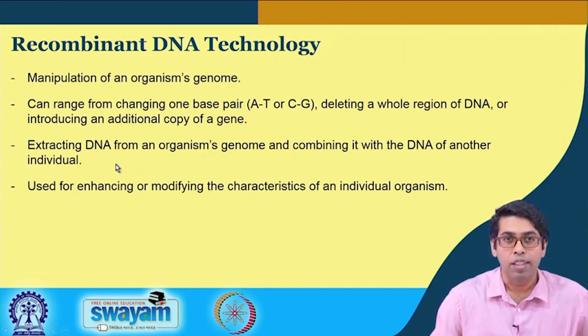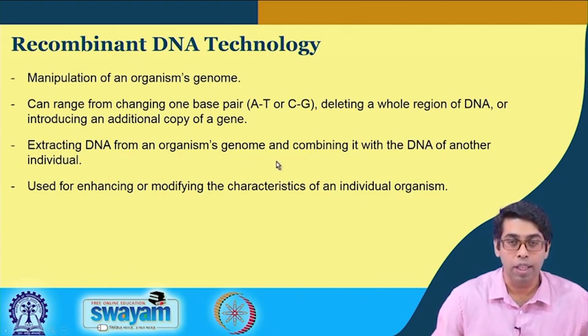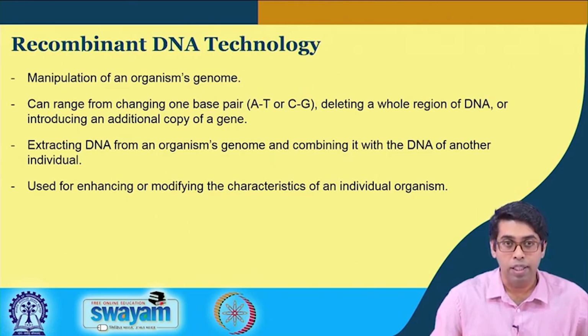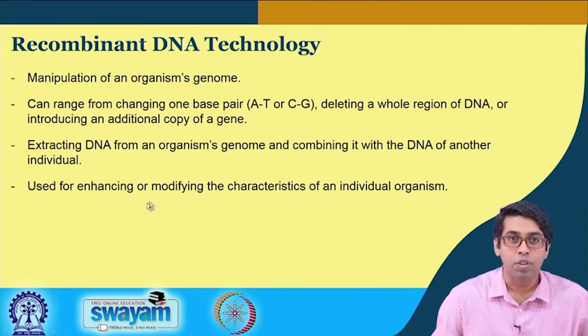It also involves extracting DNA from an organism's genome and combining it with the DNA of another individual. We do all of that in a test tube and then put this newly engineered genome back into the organism of our choice. So, it can be used to enhance or modify the characteristics of an individual organism.